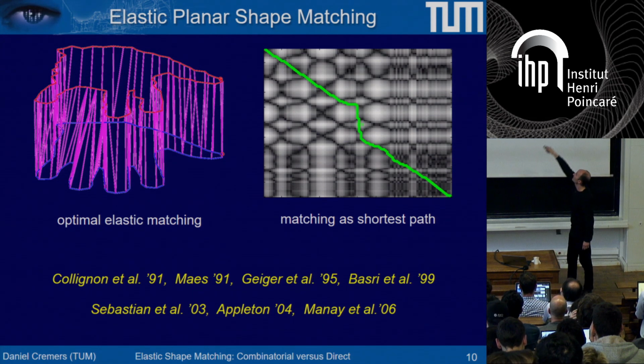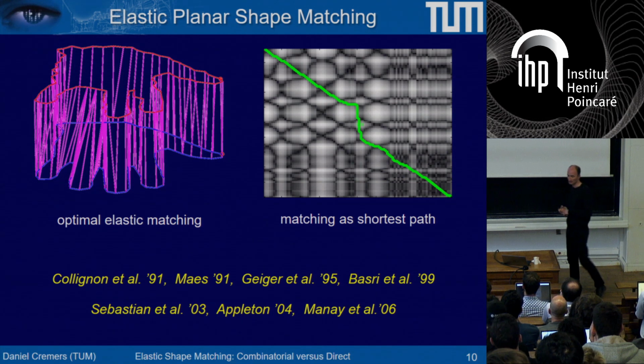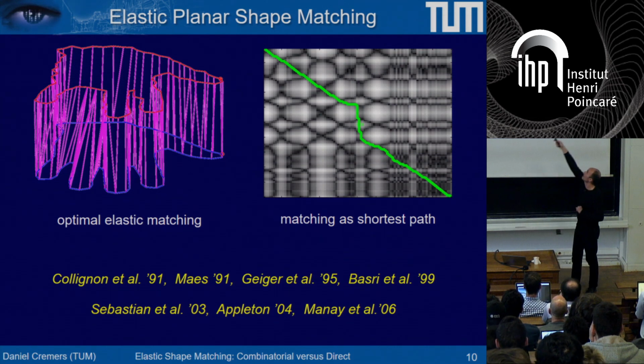And then you can say, find a correspondence between points on one shape and points on the other, such that the local curvatures are as similar as possible. So positively curved points match to positively curved points, negatively to negatively, etc. And then computing the overall best correspondence in this fashion can be done by computing the shortest path from this point here to this point there.